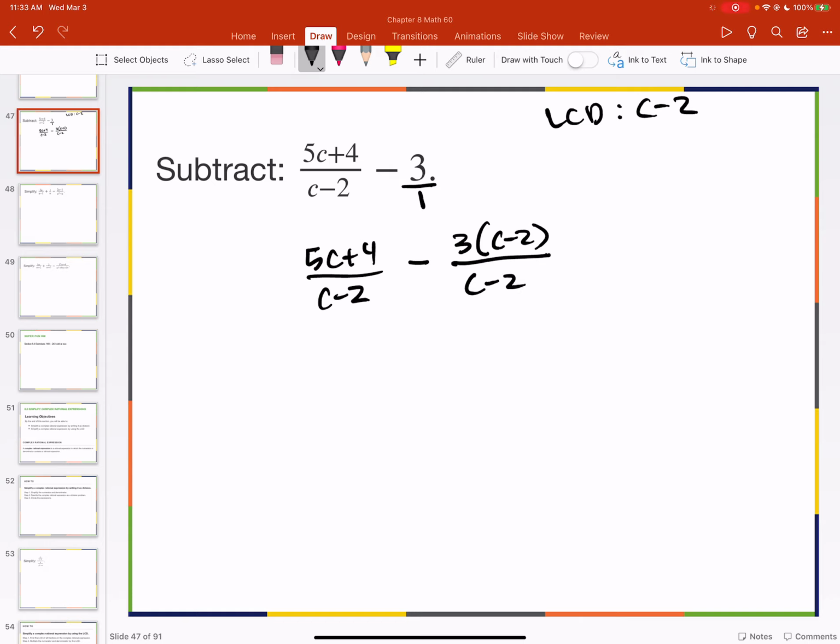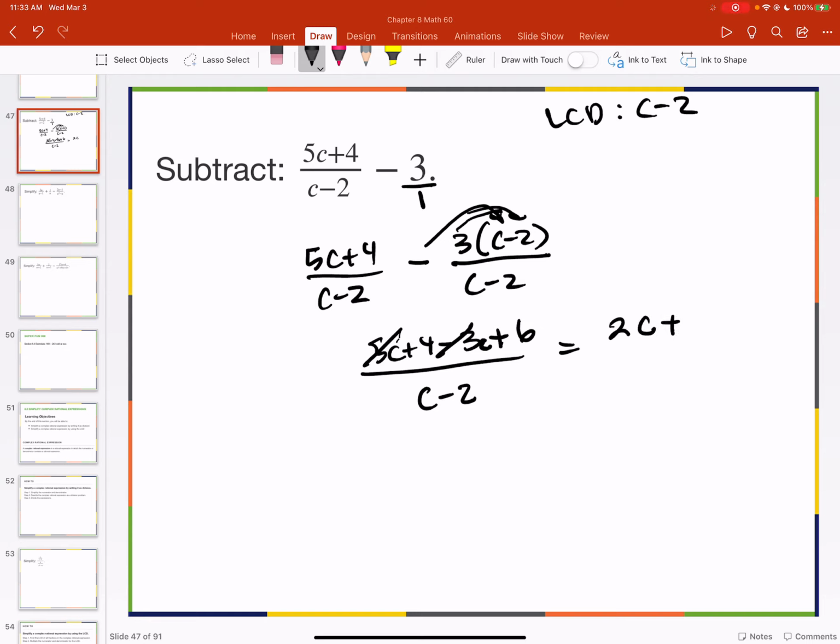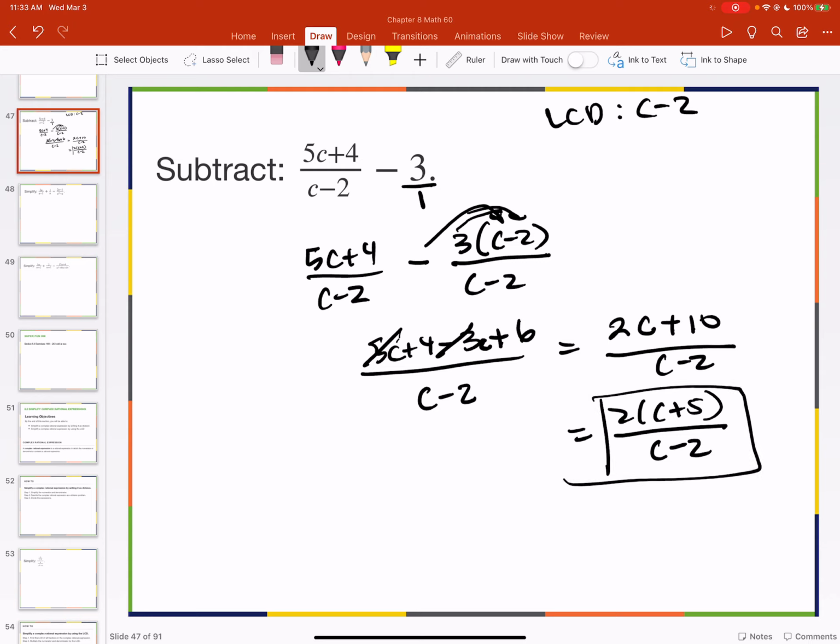Now we get across the top 5c plus 4 minus 3, I'm distributing this negative 3, minus 3c plus 6 over c minus 2. Then that would give you 2c plus 10 all over c minus 2, factoring 2 times the quantity c plus 5 all over c minus 2, and you're done.